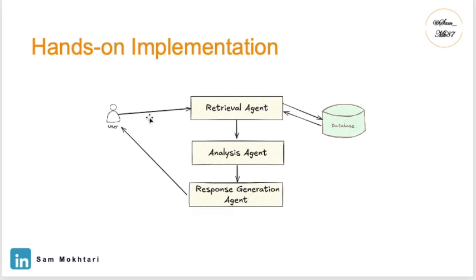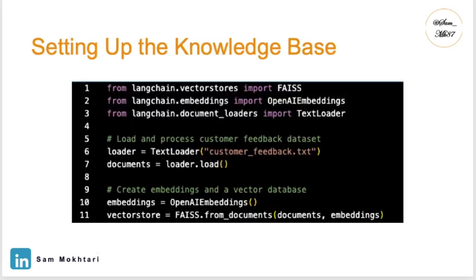The user provides the query, the retrieval agent gets the relevant feedback and passes it to a sentiment analysis agent. That agent provides the sentiment output and gives it to the response generation agent, which uses that sentiment to generate a response to the user.